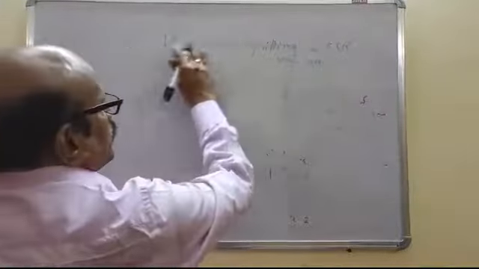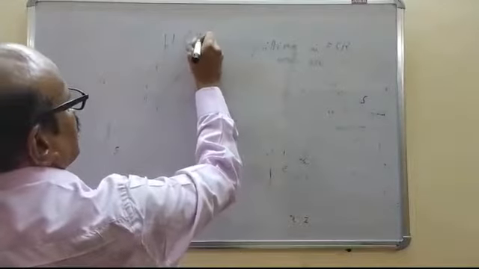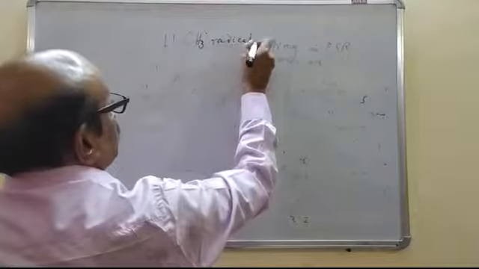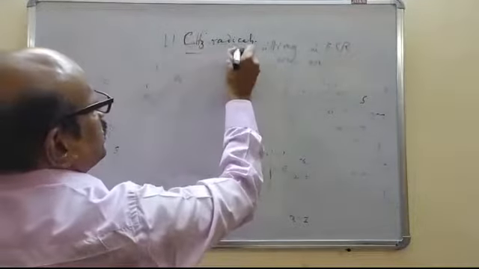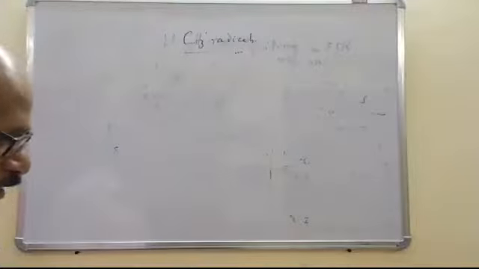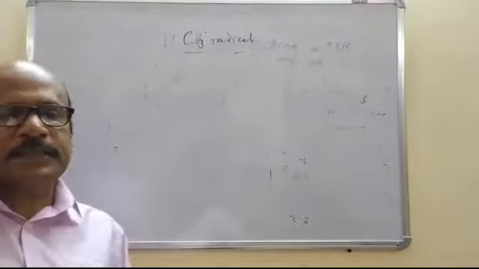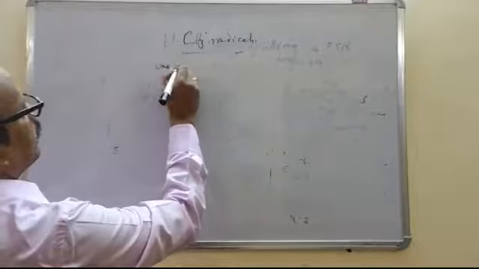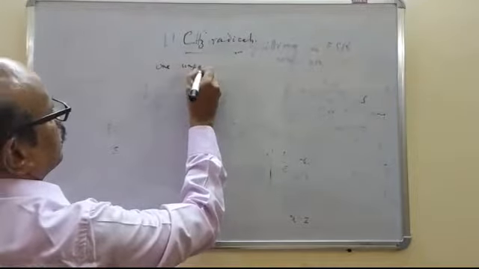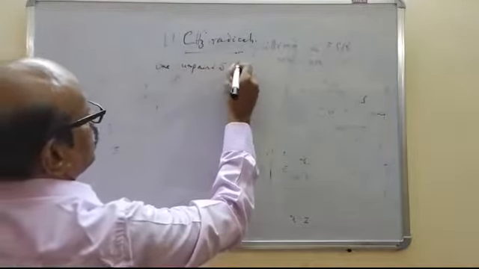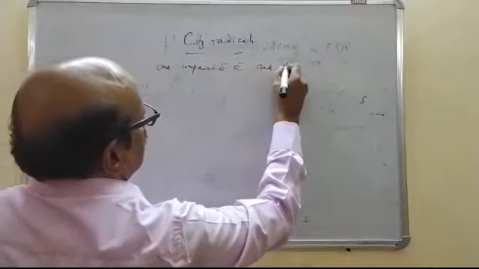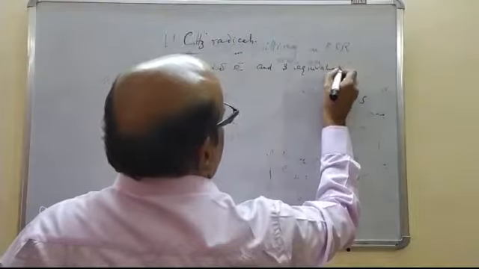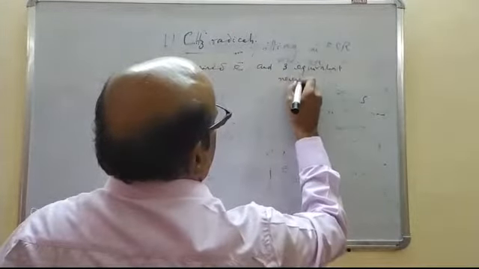So in the case of the methyl radical, CH3 radical, the interaction consists of 1 unpaired electron and 3 equivalent neighboring protons.